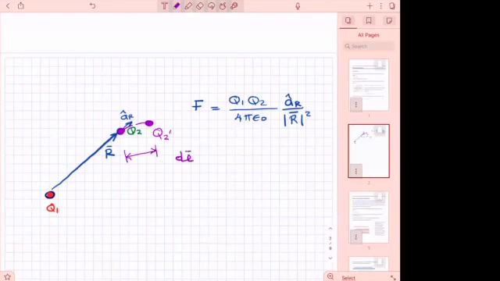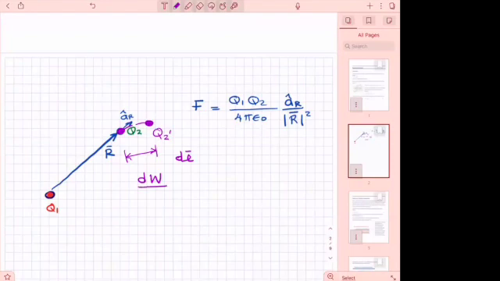I then have to move this over this distance. Then I will have to apply work, which I will call dw, because it's a short distance.